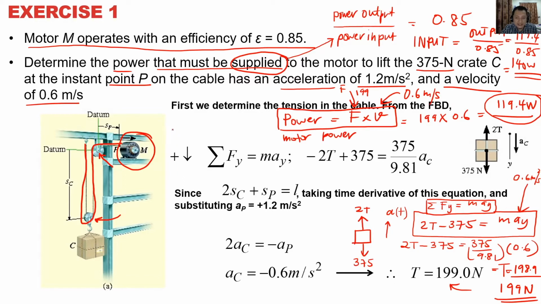This is what we're doing. The objective of this machine is to lift this box up at a speed of 0.6 meter per second.